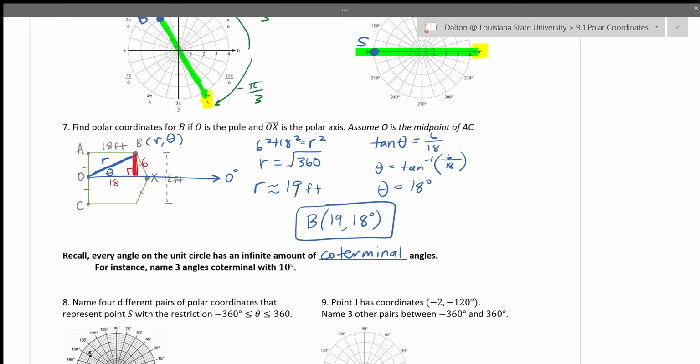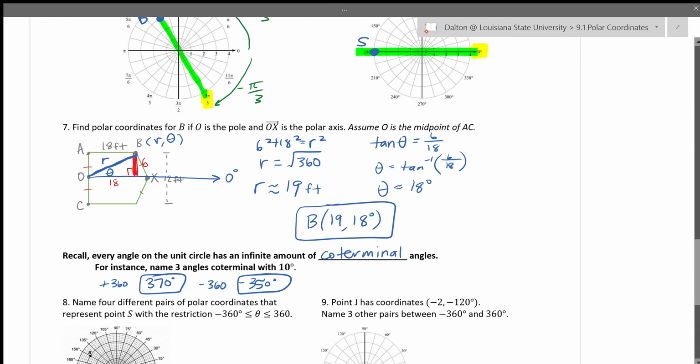For instance, name 3 angles that are coterminal with 10 degrees. The obvious thing to do might be to take 10 and add 360 to it. Then we get 370 degrees. Those 2 angles are coterminal. They end up in the same spot. Additionally, we could subtract 360 from 10, which would give us negative 350 degrees.